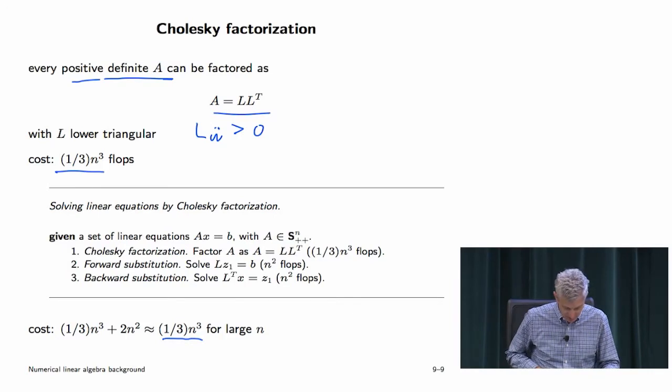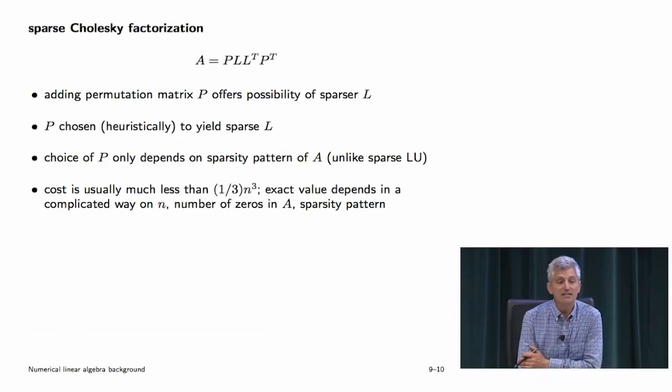That's Cholesky factorization. Now, sparse Cholesky factorization looks just like sparse LU, but there's actually a very critical difference, and I'm going to say what it is. You probably don't need to know it at this level, but these are good things to know about. So here it is. As before, there's P1 and P2.